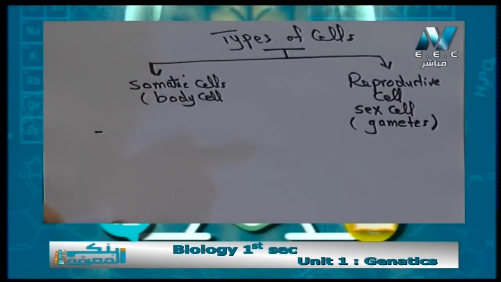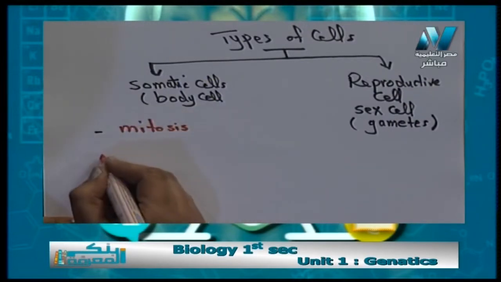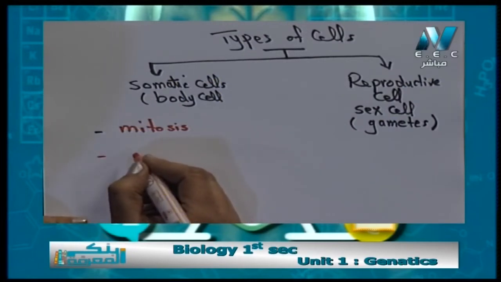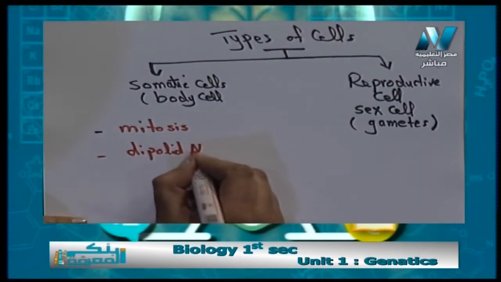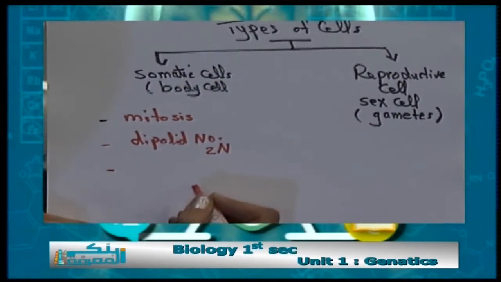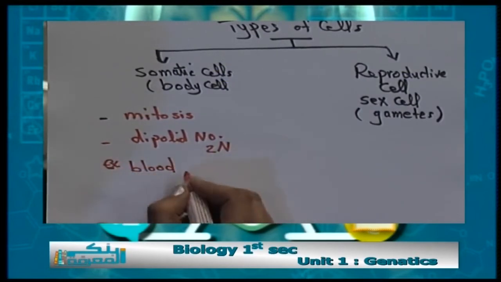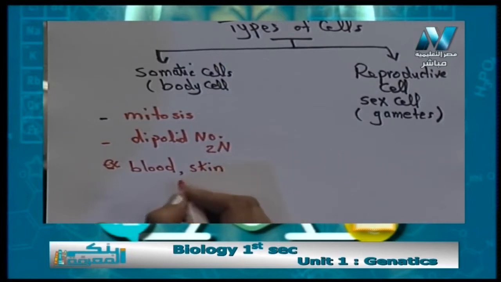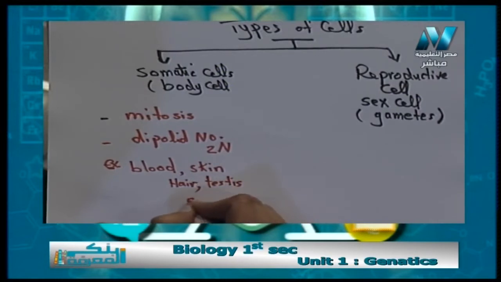Somatic cells are produced by mitosis. The number of chromosomes inside a somatic cell is diploid number, meaning 2n. Examples of somatic cells in your body: blood, skin, hair, testes, ovary.